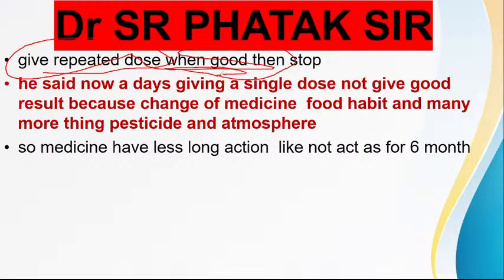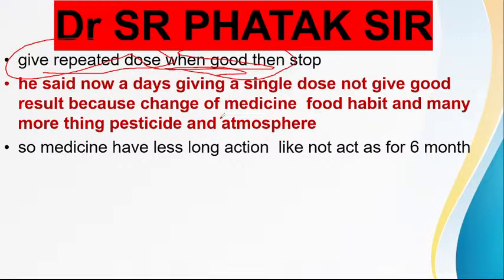Now the difference in the duration of action is basically because of changes in the medicine. At older times, mostly doctors prepared their medicine on their own. Now we are totally dependent on the pharma companies. So the change in quality of the medicine is also important, and many changes have occurred: food habits, pesticides, atmosphere, behavior, environment.